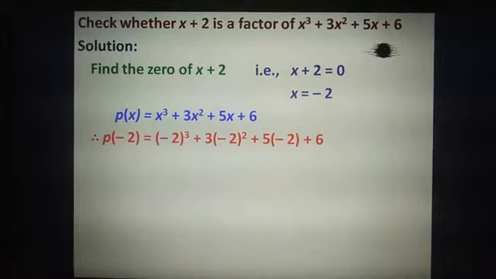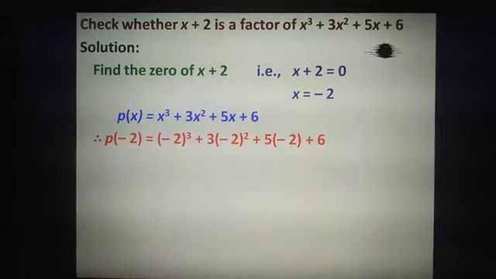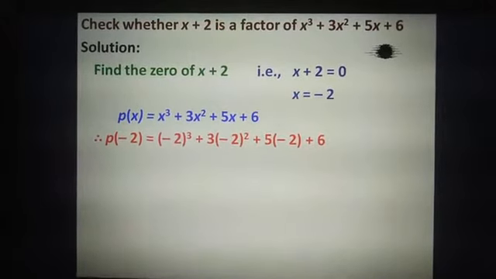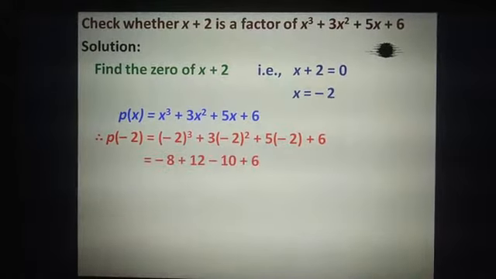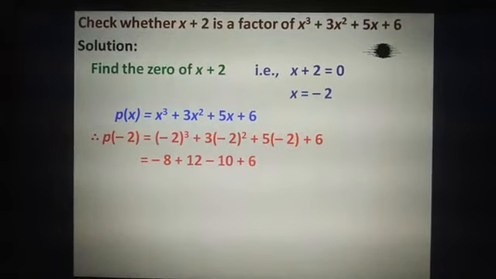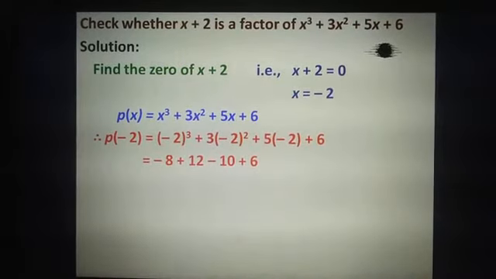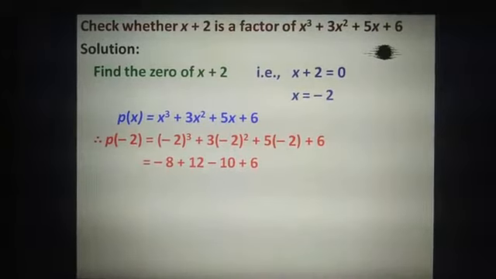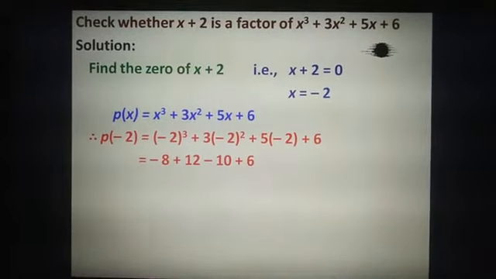Therefore, p of minus 2 is equal to minus 2 the whole cube plus 3 into minus 2 the whole square plus 5 into minus 2 plus 6. Minus 2 the whole cube is minus 8. Minus 2 squared is plus 4, into 3 is plus 12. Plus 5 into minus 2 is minus 10, plus 6.